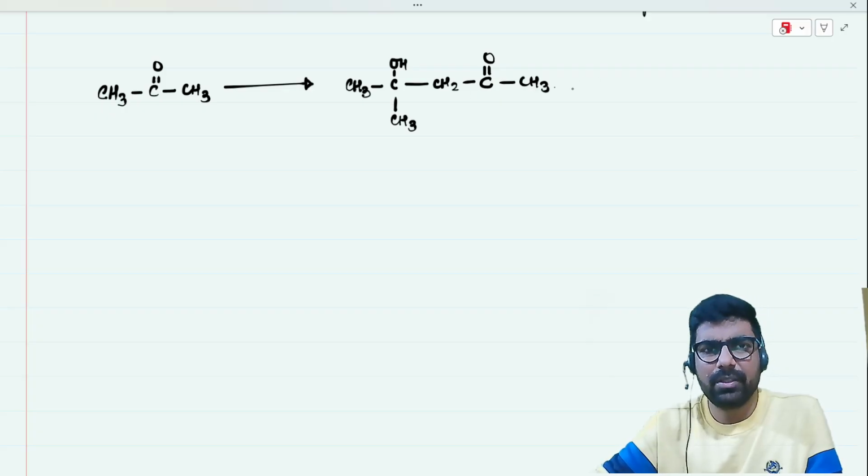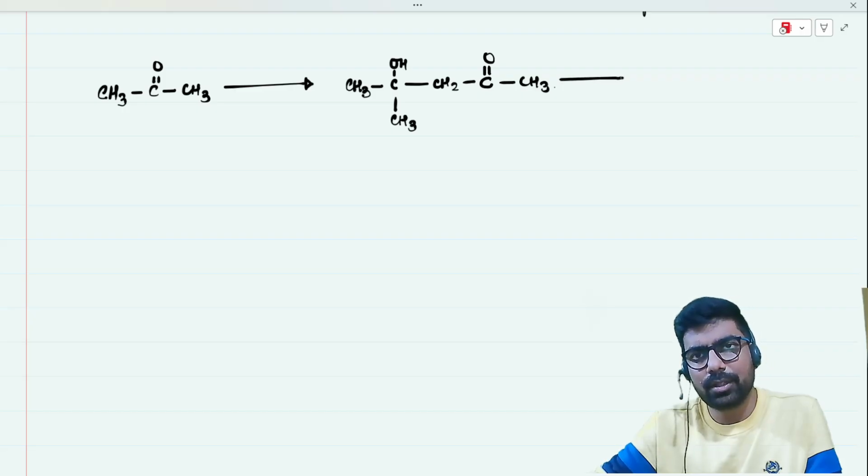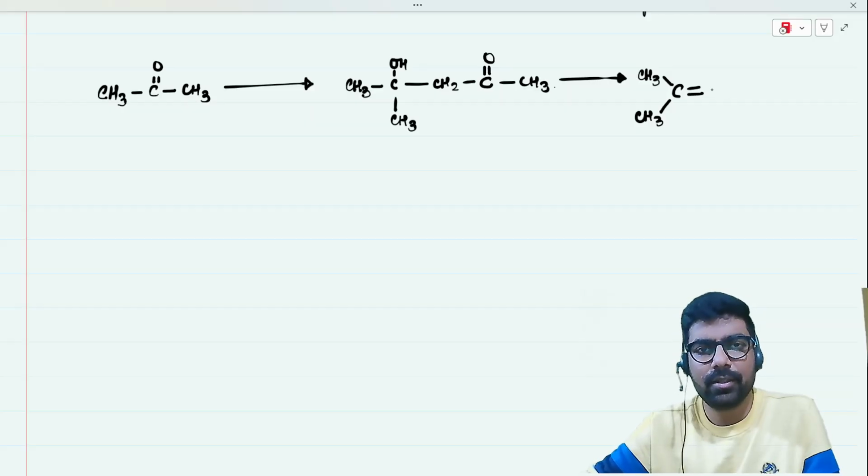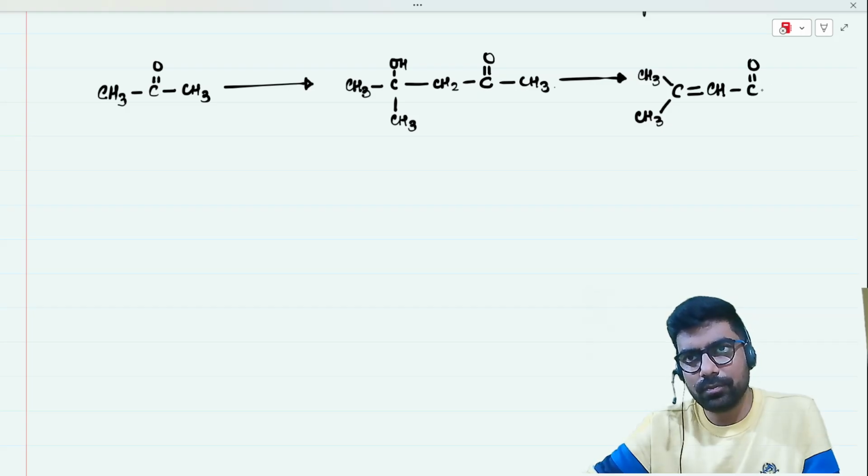Again, if heat or alcohol is there, it may lead to another product also. That will be CH3, water, OH and H will be eliminated. So we get something like this: CH, C double bond O, CH3.